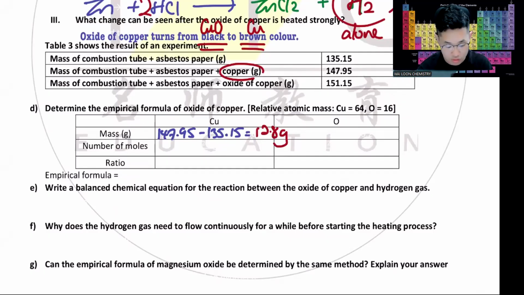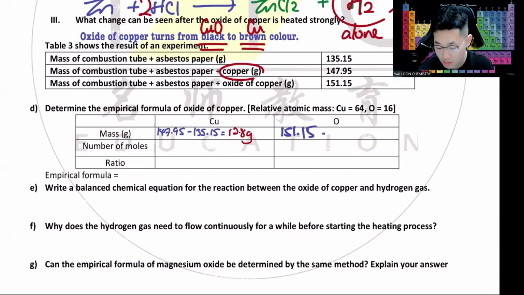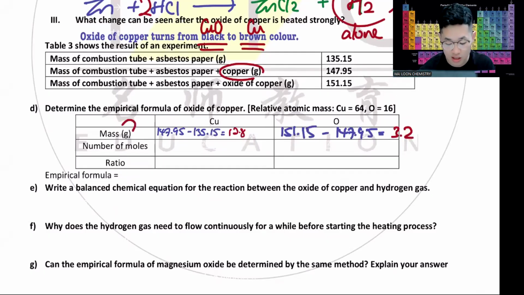Okay, okay, correct. And then the other one is 151.15 minus 147.95, which I get 3.2. No need to write the unit. The unit is already here.